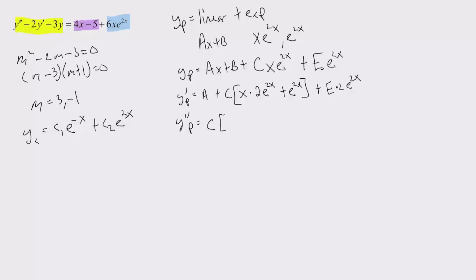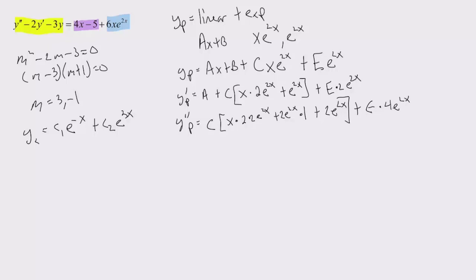So the derivative of x times 2 e to the 2x is x times 2 times 2 e to the 2x plus 2 e to the 2x times 1, plus the derivative of e to the 2x would be 2 e to the 2x, all of that times c, plus it looks like e times 4 e to the 2x.